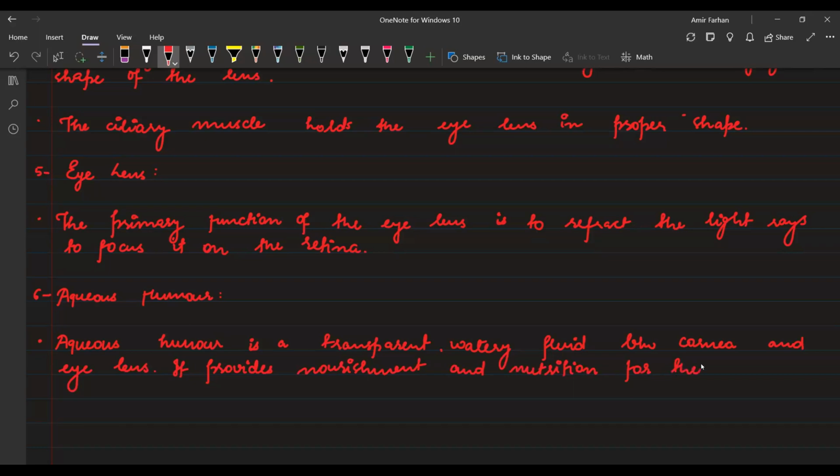It provides nourishment to the cornea and lens, as they do not have blood supply.